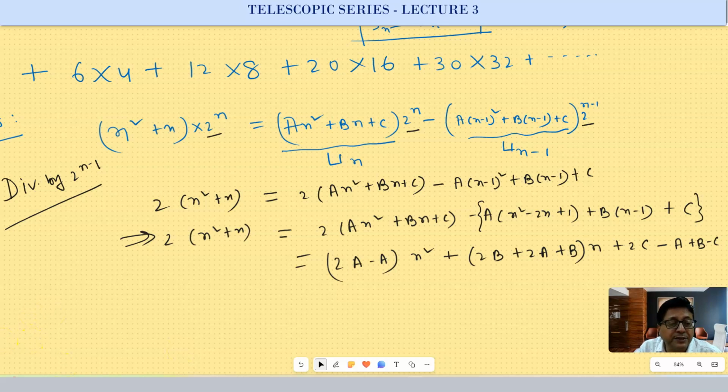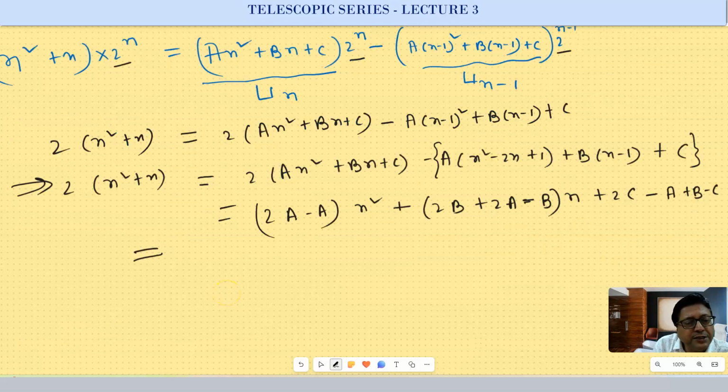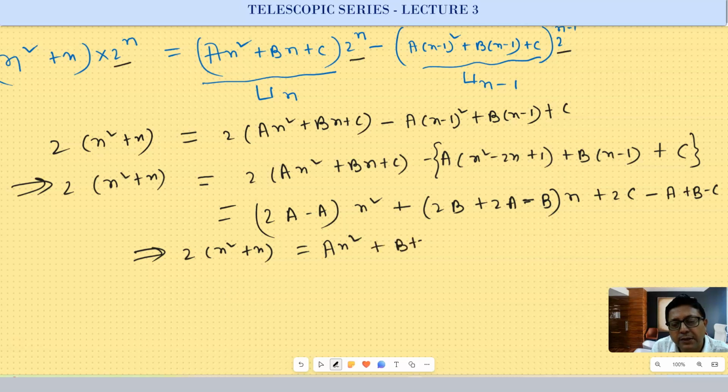I think all of you have understood. Just check it once more. This will not be plus b, this is minus b over there. So what you are getting there, you write this thing as 2 into n square plus n equals a n square plus b plus 2a n plus, compare the coefficient of like terms, n square to n square.